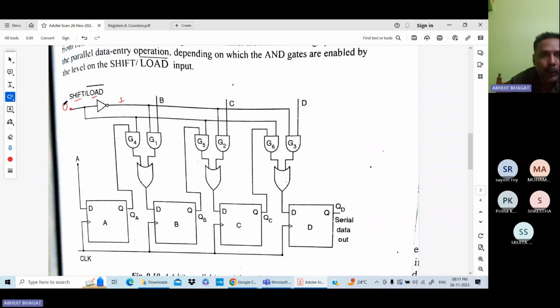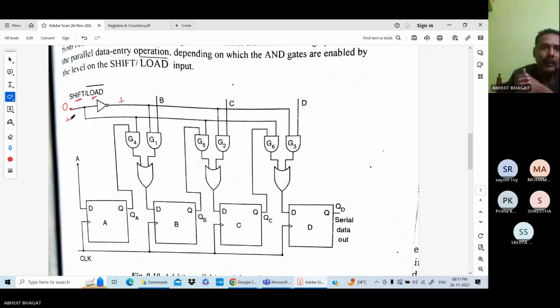When here 0, it is used for loading the data, and when this is 1, it is used for shifting the data. यहाँ पे देखो लोड के ऊपर बार है, बार माने वो 0 पे काम करता है, शिफ्ट पे कोई बार नहीं है, तो it works for the 1. क्लियर? बार माने 0 पे काम करेगा, और जो बार नहीं है माने वो 1 पे इनेबल होगा, एक्टिव होगा, वर्क करेगा.